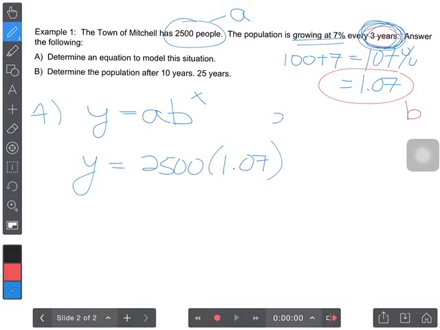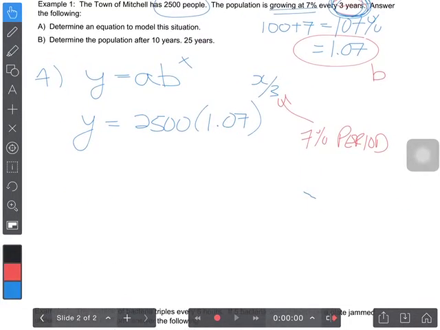It's going to be how much time has passed divided by 3. Okay, so this is our 7% period. So that 7% period, if it was 1 year, the denominator would be a 1. If it's 2 years, the denominator is 2, but every 3 years, so that means that our denominator here is 3.